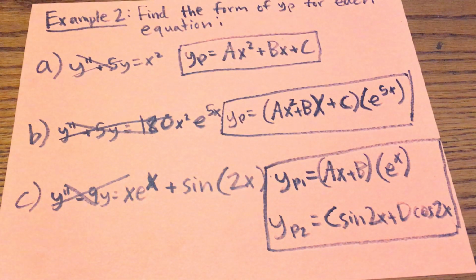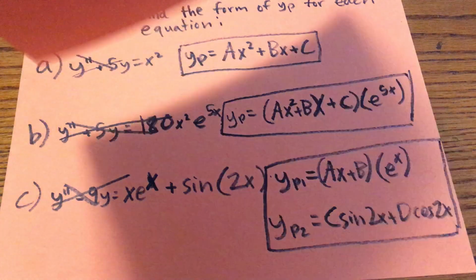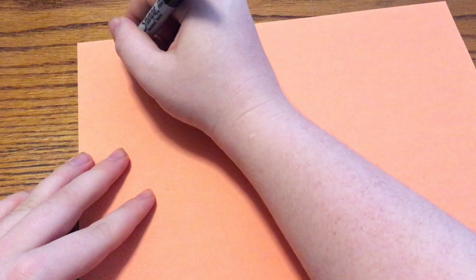Now, I'm going to try to explain a little more of a logical way of thinking about finding the form of the particular solution. Now, I want you to write this down.